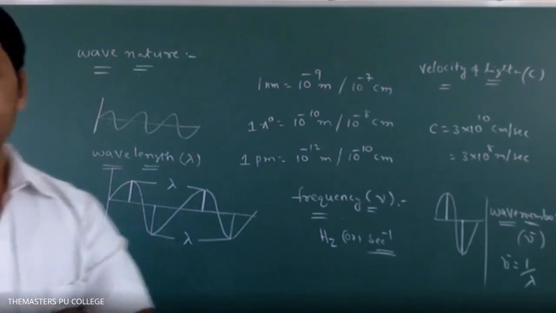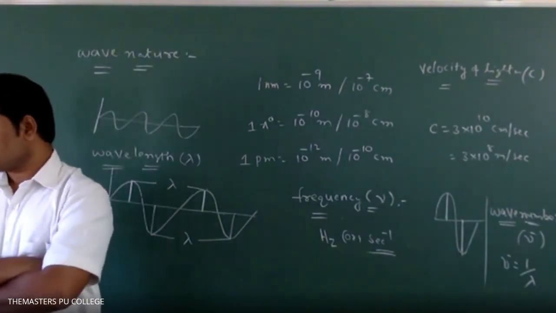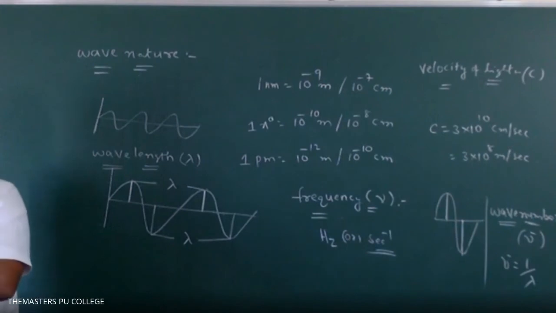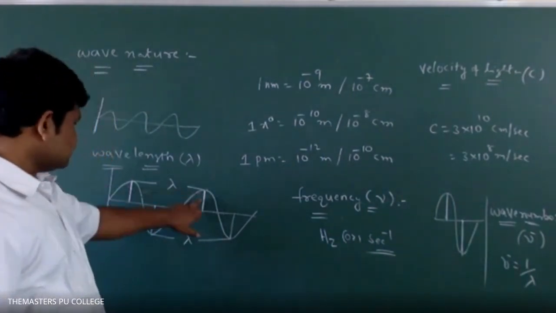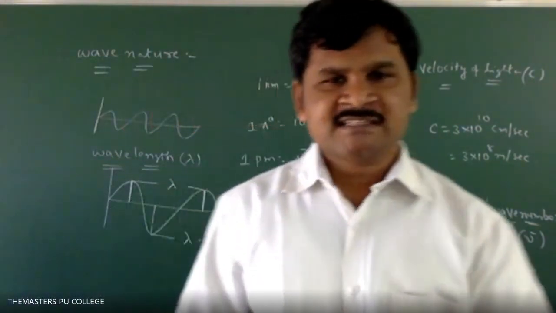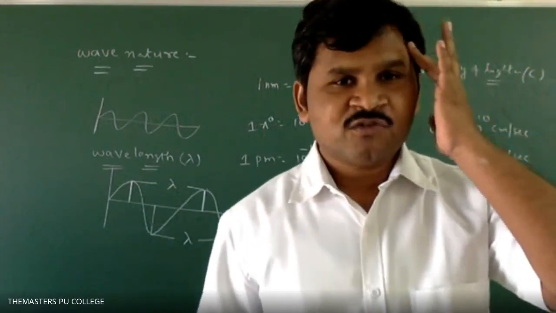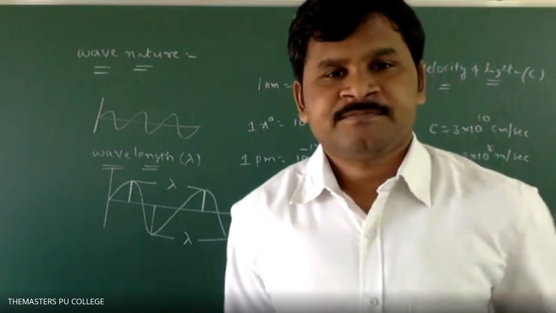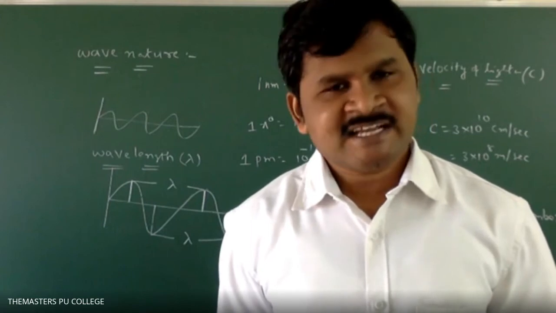What is wavelength? Please write fast. The distance between two similar points in a wave. Or distance between two crests or two troughs, or distance between two similar points in a wave.